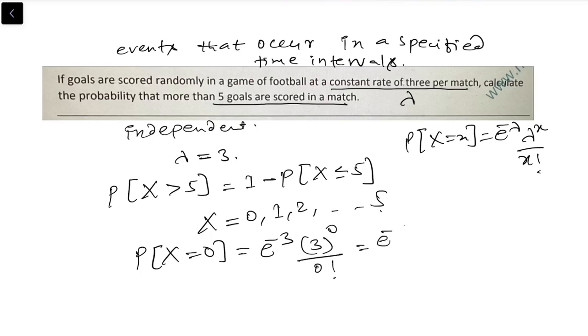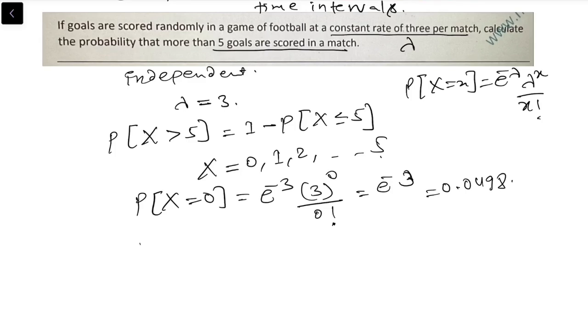So this is nothing but e to the power minus 3, which is 0.0498. Similarly, you can calculate for x equals 1. This is e to the power minus 3, 3 to the power 1, and 1 factorial. And then you can calculate for 2, 3, 4, 5. So I'll leave this for you. I think you can do it.